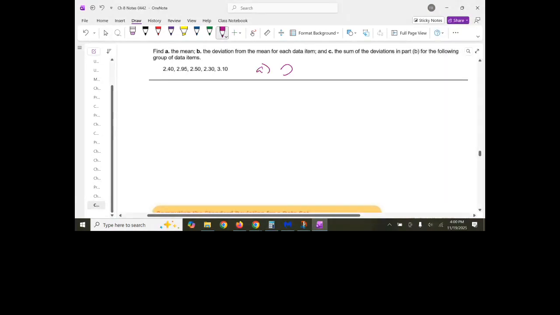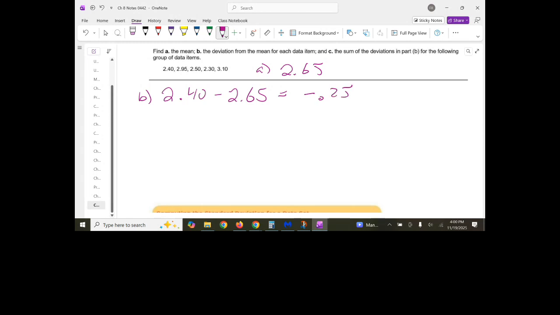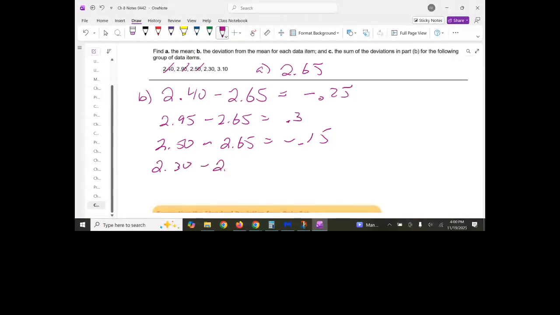So part A, my average, 2.65. Okay, let's do part B. 2.40 minus 2.65, negative 0.25. 2.95 minus 2.65, 0.3. 2.50 minus 2.65, negative 0.15. 2.30 minus 2.65, negative 0.35.